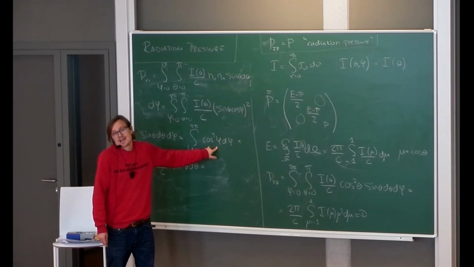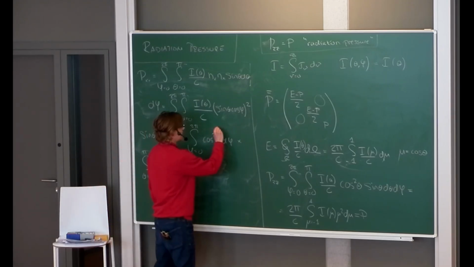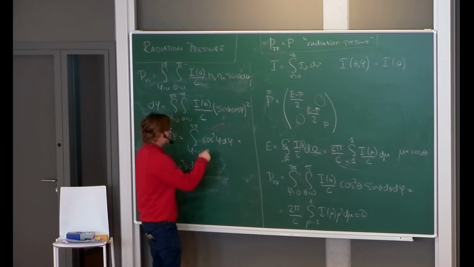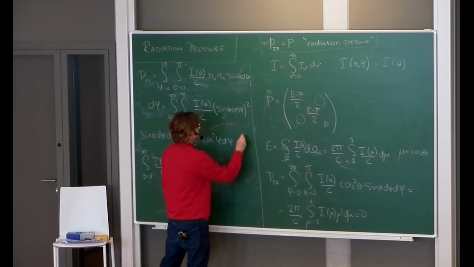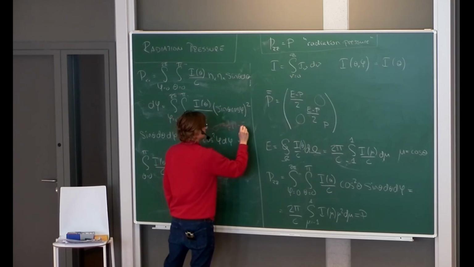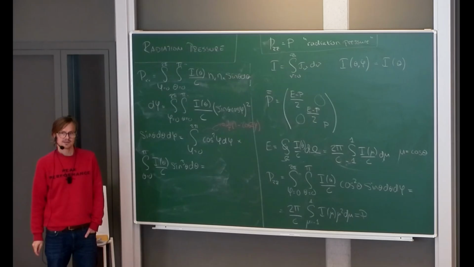So I would actually give you some hint. How do you do this? Well, in this case, perhaps you might want to use the trigonometric identity that this is indeed equal to 1/2 (1 minus cos 2 phi). Okay?